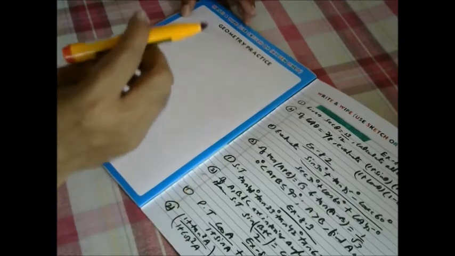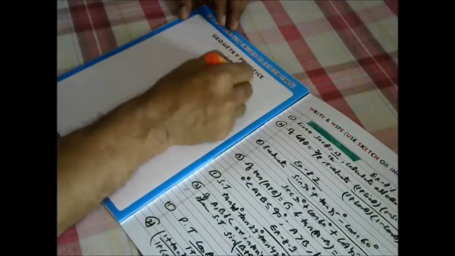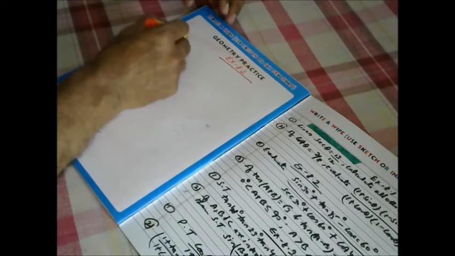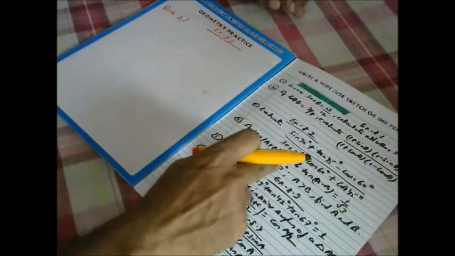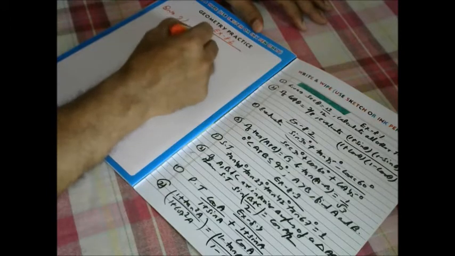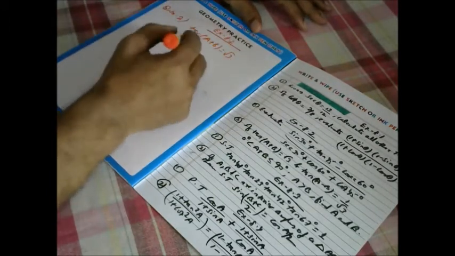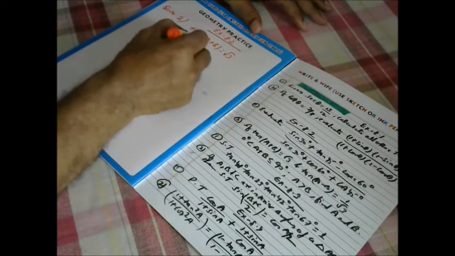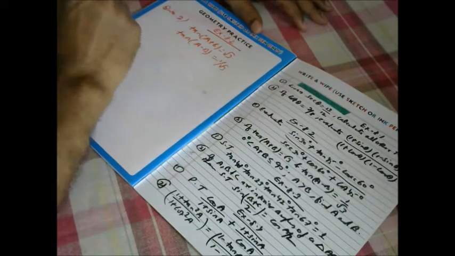Okay, right. So let us solve question number 2 from this exercise 8.2. Question number 2 is: if tan of a plus b is equal to root 3, we are given tan of a plus b is equal to root 3, and we are also given tan of a minus b is equal to 1 by root 3.